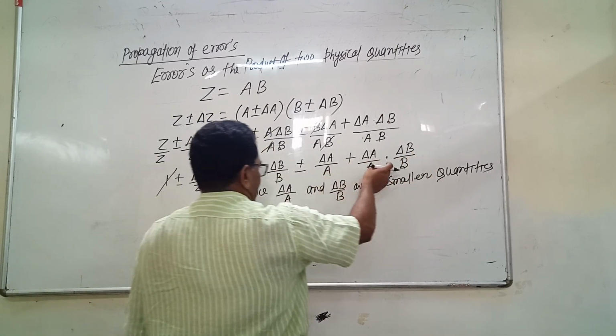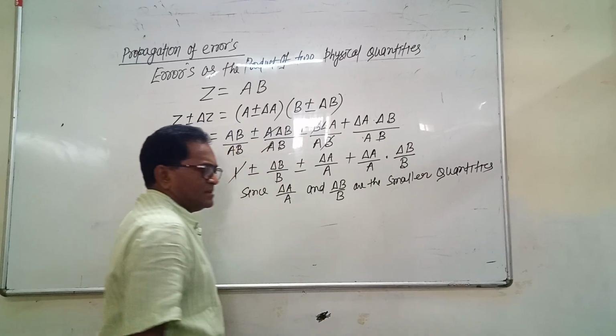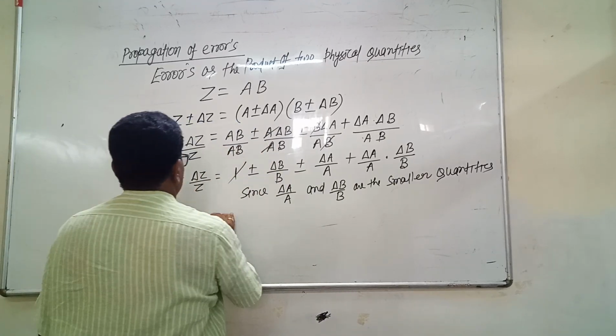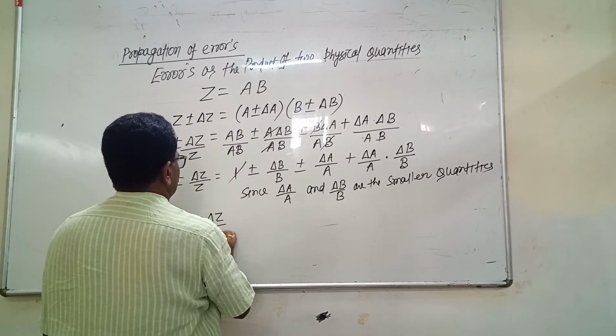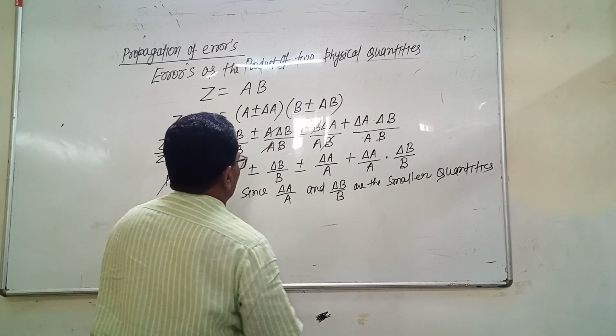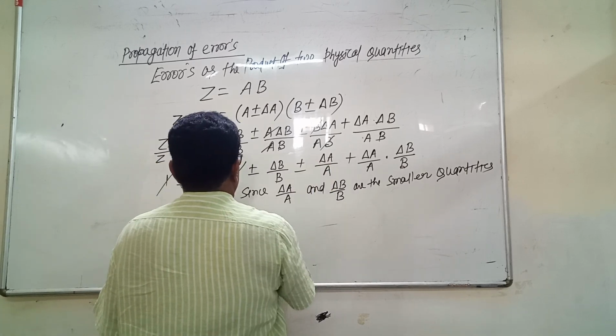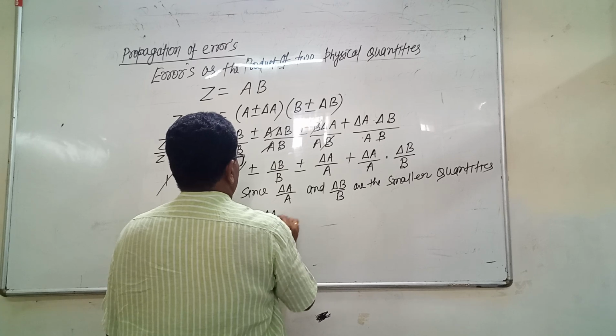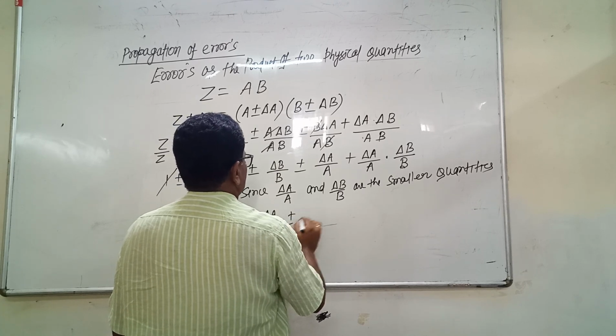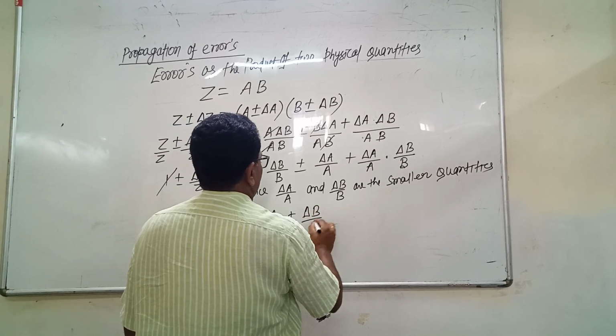So delta A by A times delta B by B can be removed, and it remains delta Z by Z equals plus minus delta A by A and plus minus delta B by B.